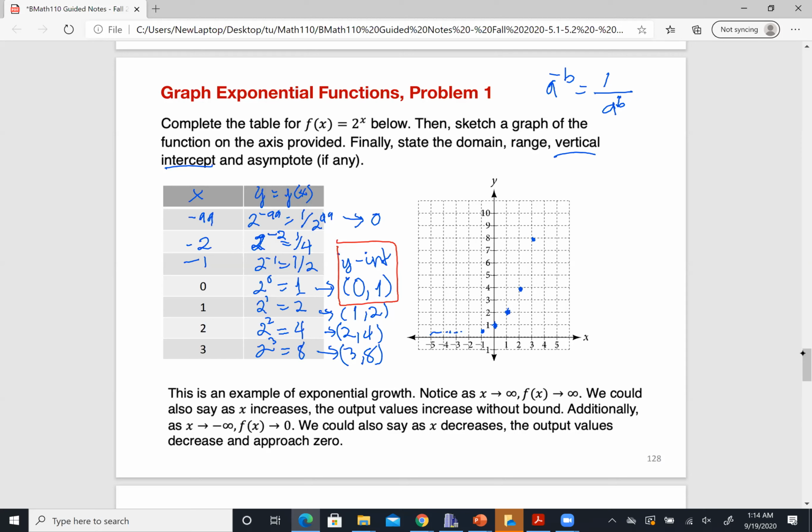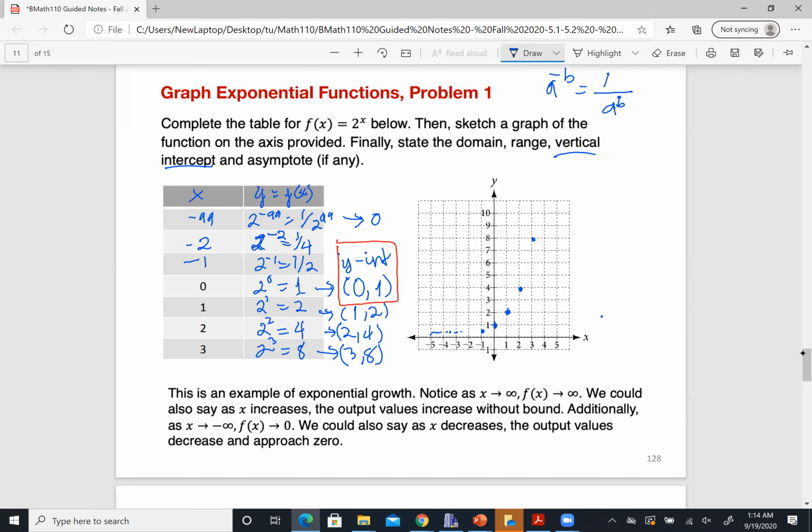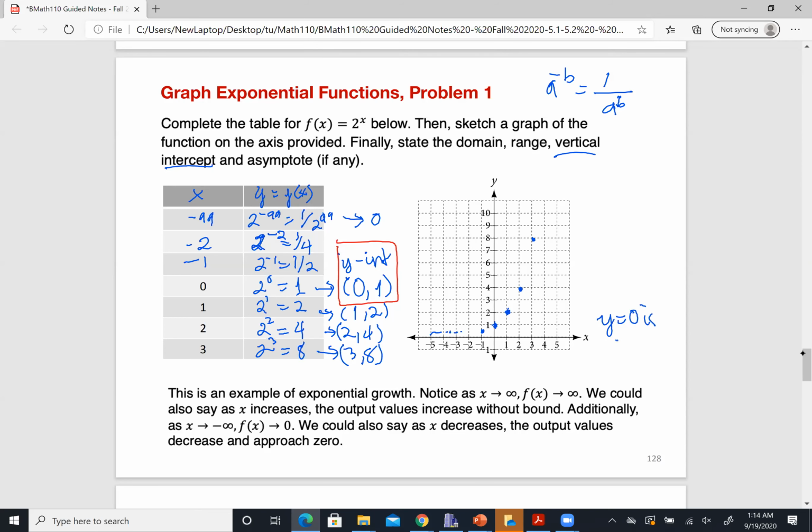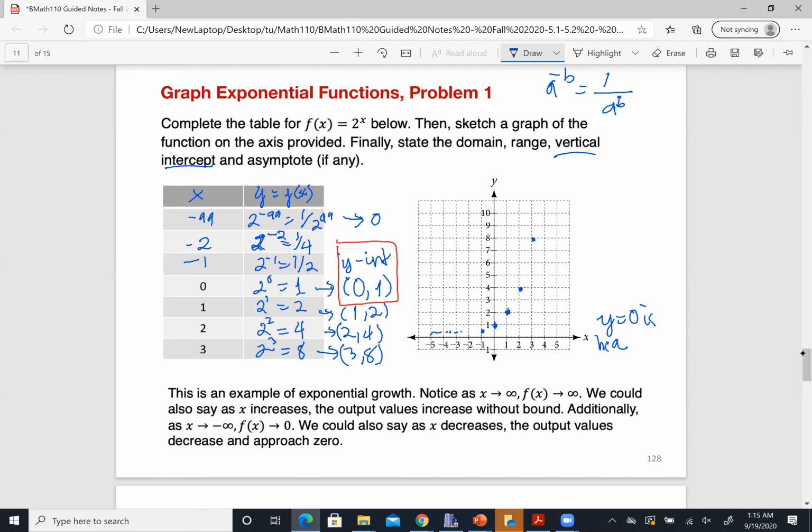So what does that mean? That means y equals 0 is the asymptote, the horizontal asymptote.